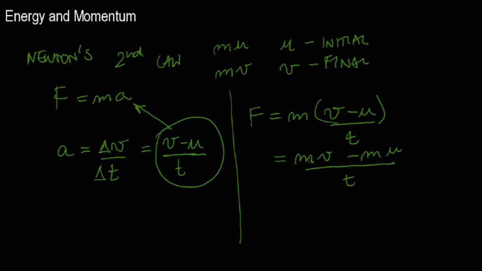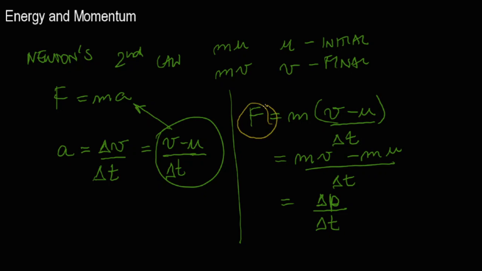This is the final momentum minus the initial momentum. So this is in fact a change of momentum over time. And again, if you're not really counting time here, just counting a change of time, you can keep this change. It's okay. So force can be described as a change of momentum over a change of time.